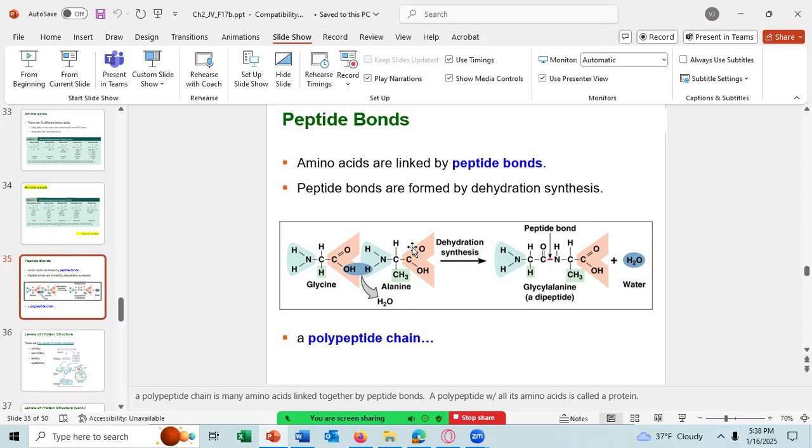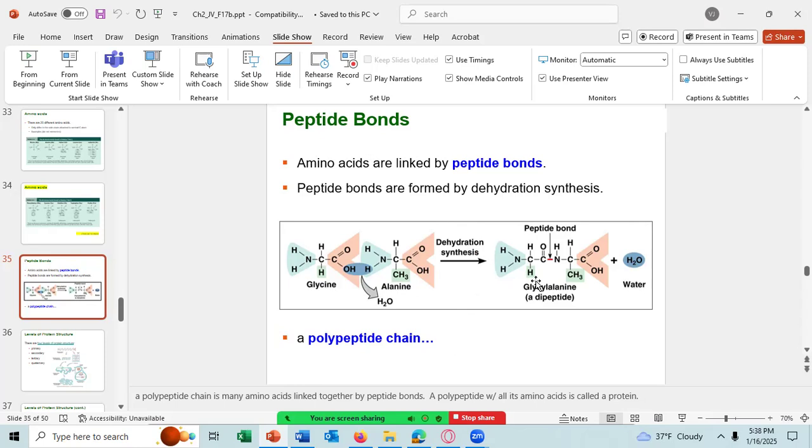When you add the last amino acid to the polypeptide chain, that's when we call it a protein. So the peptide bond is rare in nature, even in the universe, but we do see it in amino acids forming peptides, polypeptides, or proteins. A polypeptide is a chain of amino acids linked together by a peptide bond.